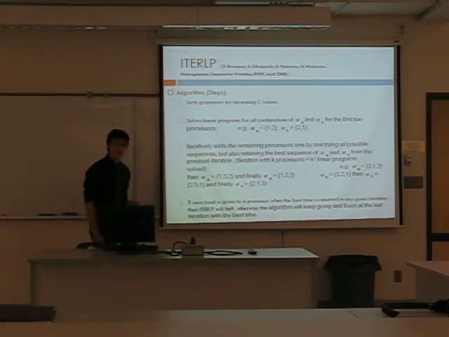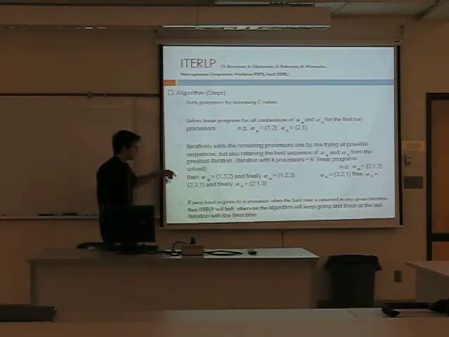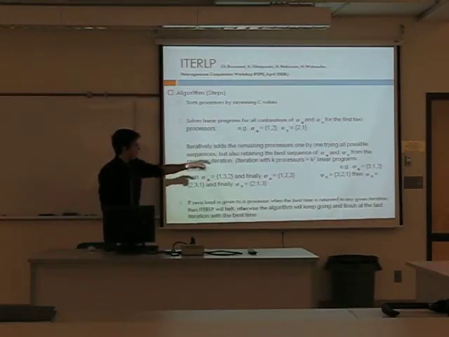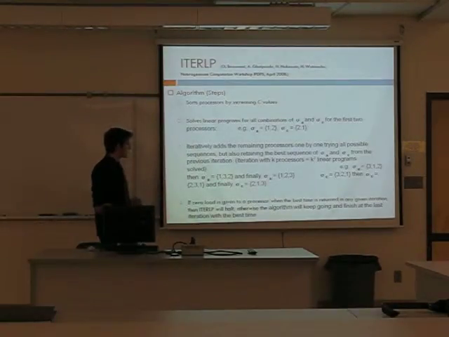If that happened to be the best allocation, then when we add our third one in, the allocation of the third processor gets interleaved throughout what our best one was previously. So rather than trying all combinations, it takes a few less steps.